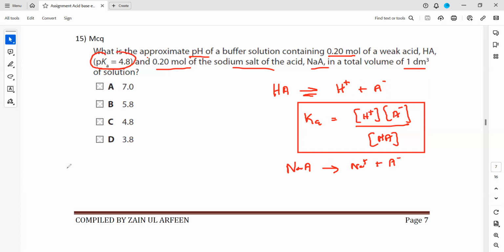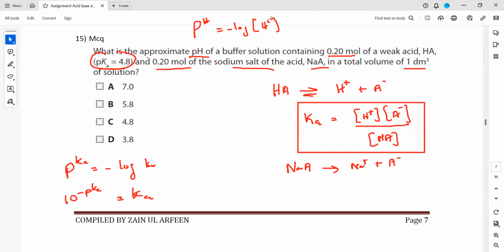How can we find it? Because the formula is pKa equals minus log of Ka. It's the same as pH equals minus log of hydrogen ion concentration. If we take the anti-log of both sides, 10 raised to power minus pKa is equal to Ka.